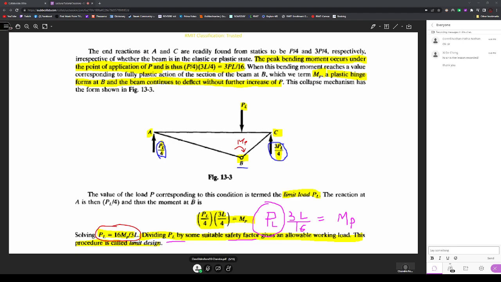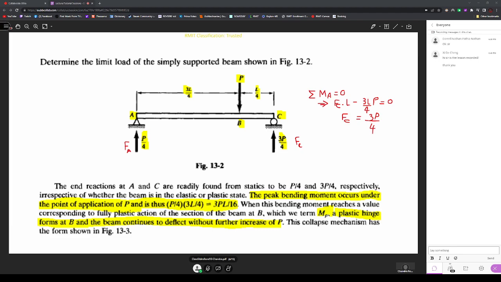All right, so this is an example of how we can calculate on a simple system like this when the system is subjected to a load P, and when the load keeps on increasing and reaches the plastic state, then we can see that there is a plastic hinge developed at B. That means the beam reaches fully plastic state first at point B. The other parts of the beam are not in fully plastic state.